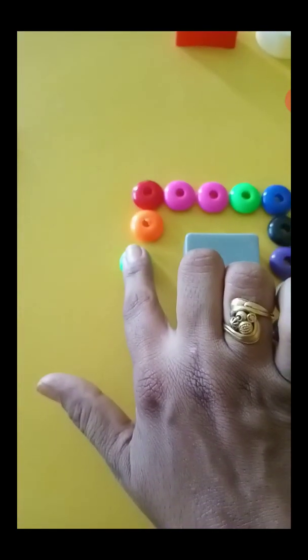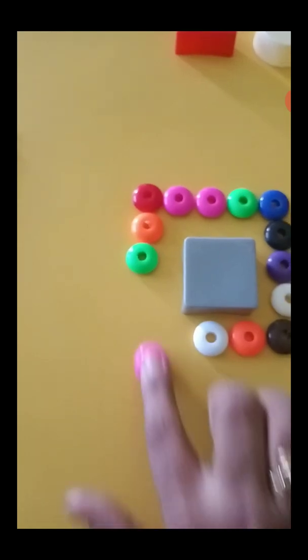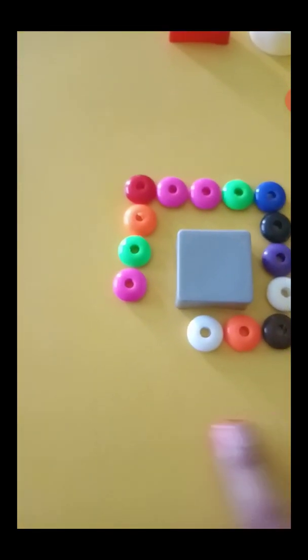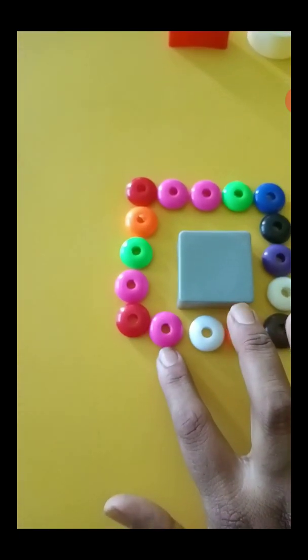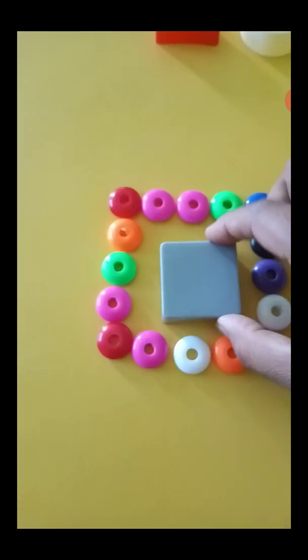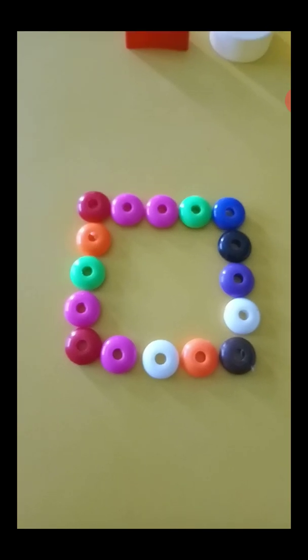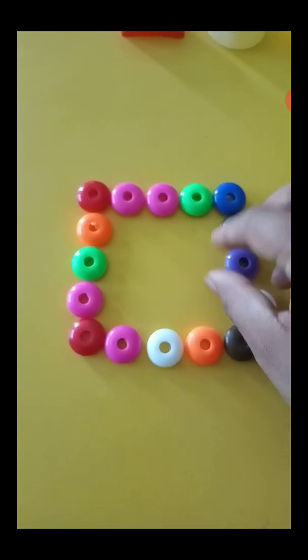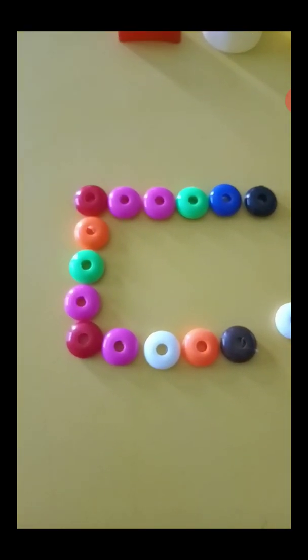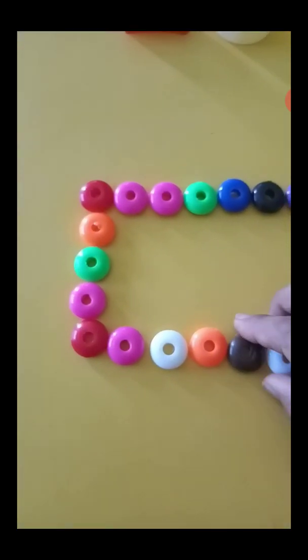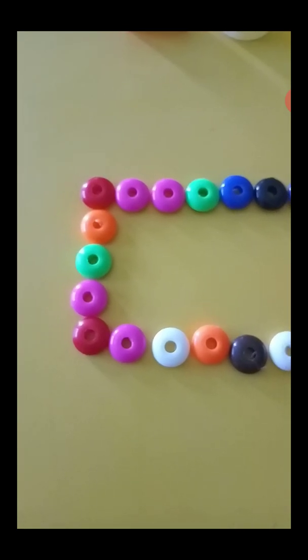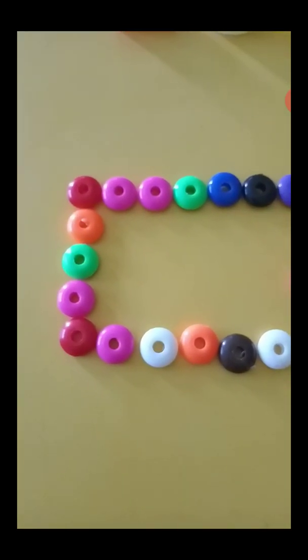It has four corners, but all the sides are equal. In the rectangle shape, students, two sides are long and two are short.